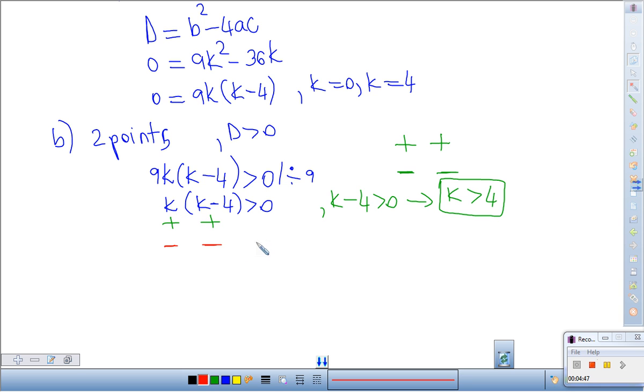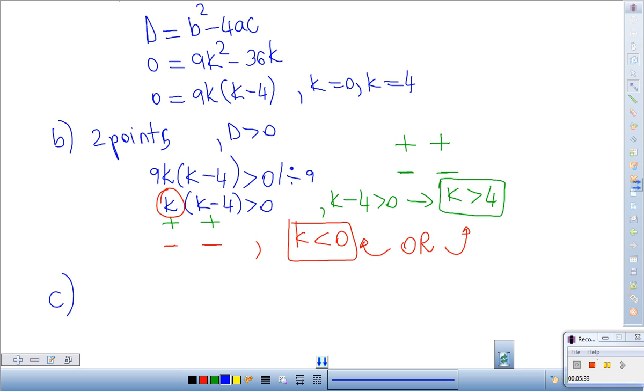So in this case, the restriction is driven by k alone, which means that k has to be less than 0. So our quadratic function has 2 points of intersection when k is less than 0 or k is greater than 4. Let's look at part C.